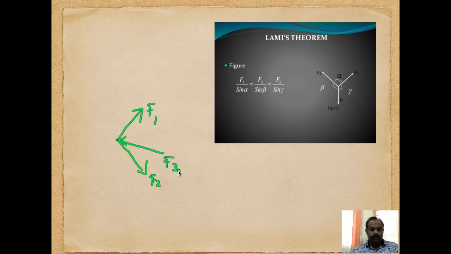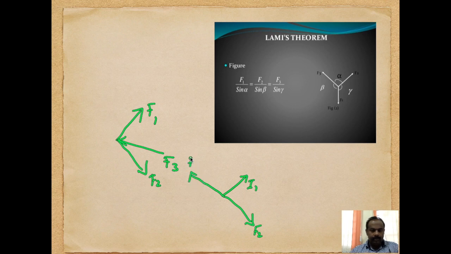Okay, this has to be dealt with like this. So you need to draw the F1, you need to draw the F2, and F3 should be parallel to this. This force should be drawn here at the same magnitude and same angle.